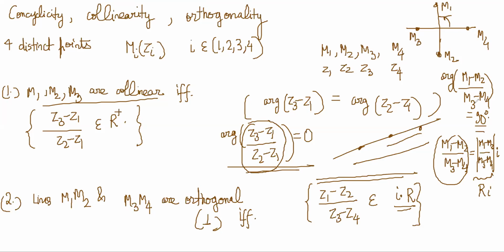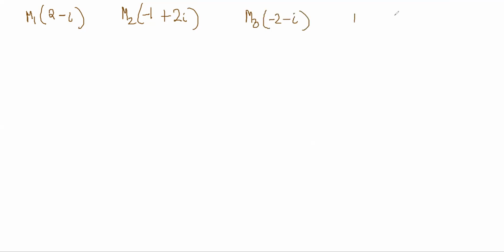Okay, so can you check whether the points M1 2 minus i, M2 minus 1 plus 2i, M3 minus 2 minus i, M4 1 plus 2i, check whether M1 M2 is perpendicular to M3 M4.